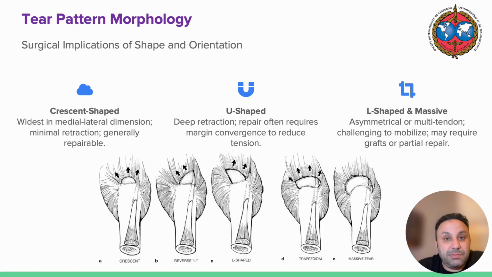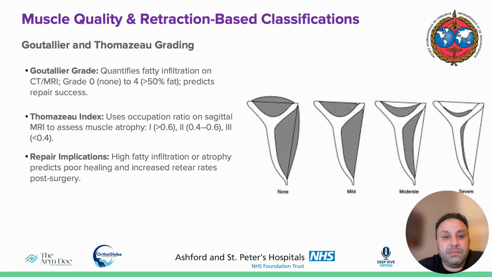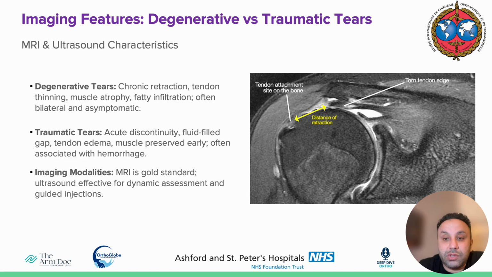The morphology refers to the shape and the orientation of the defect, which you can see in this slide. It's important to have the muscle quality because that tells you how much of the tendon is tendon and how much of the tendon is fat. And obviously, a fatty tendon wouldn't heal, while a good quality tendon full of tendon tissue would definitely heal.